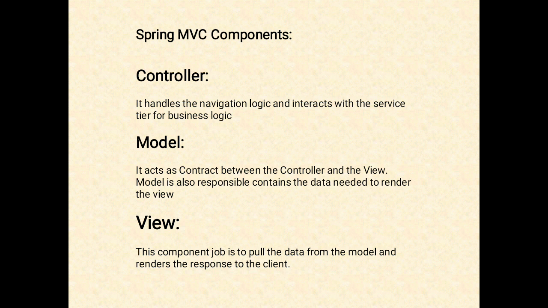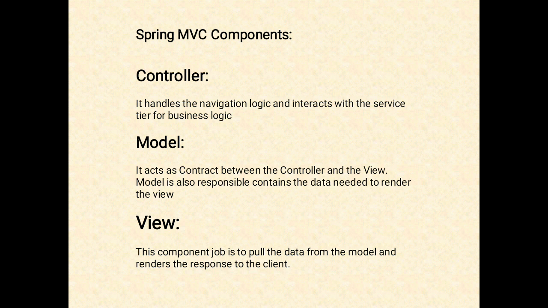It acts as a contract between the controller and the view. Model is also responsible for containing the data needed to render the view. Then what is view? This component's job is to pull the data from the model and render the response to the client.